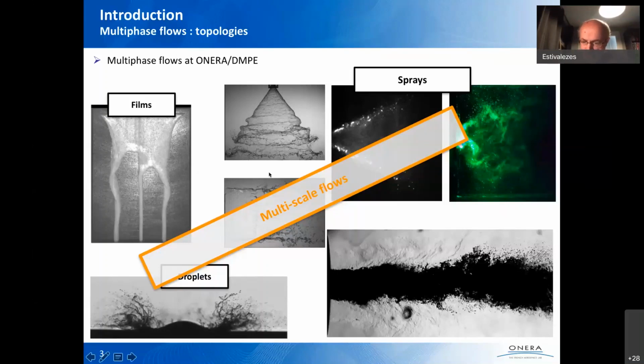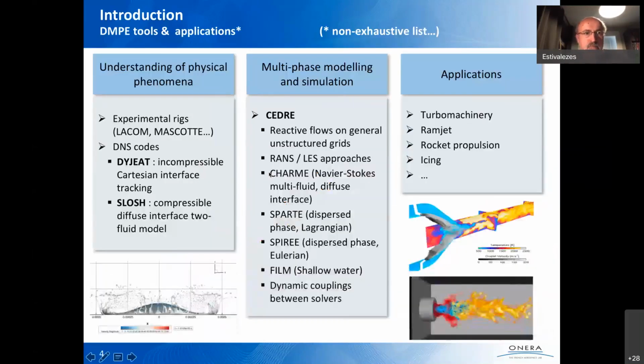Okay, so the idea we developed for years at ONERA is to have a clear understanding of the physical phenomenon. So to do that, we have experiments. This is the name of some experiments we have. This is for aircraft engines.